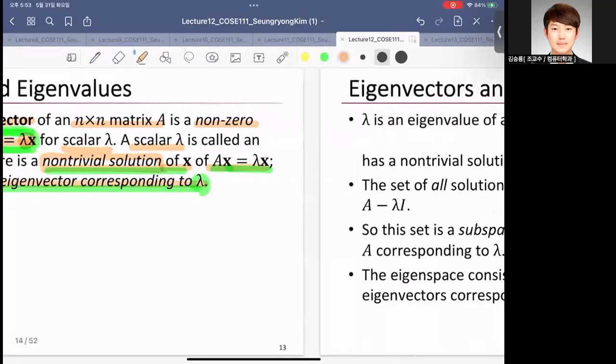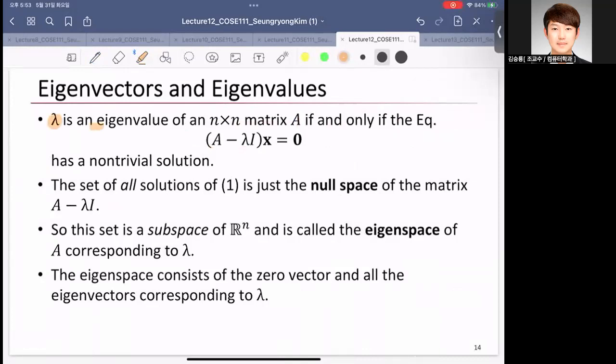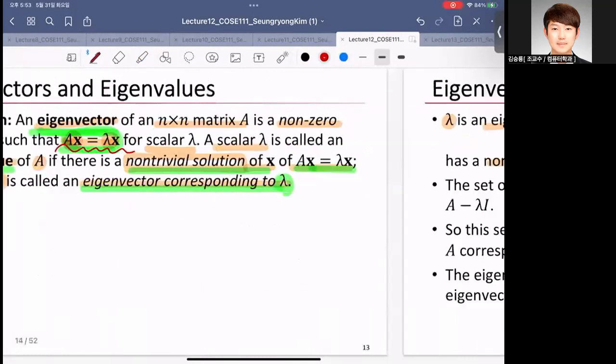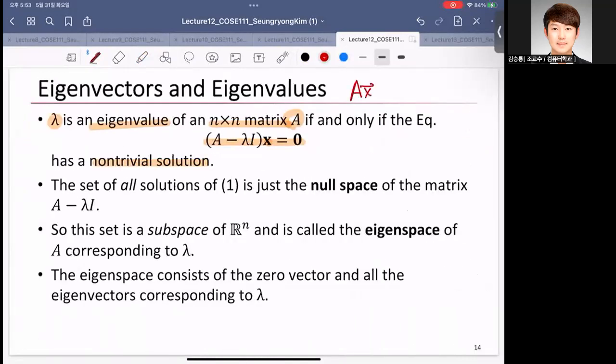So here, lambda is an eigenvalue of the n by n matrix A if and only if the equation A minus lambda I times x equals 0 has a non-trivial solution. In other words, from Ax equals lambda x, we can derive this equation: Ax minus lambda x, which is A minus lambda I times x equals 0.